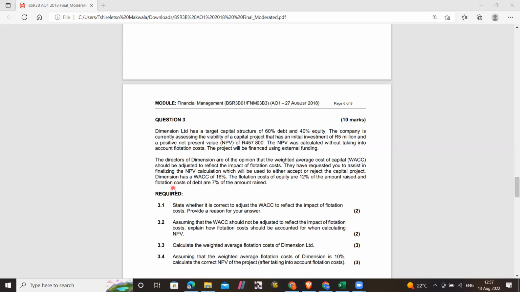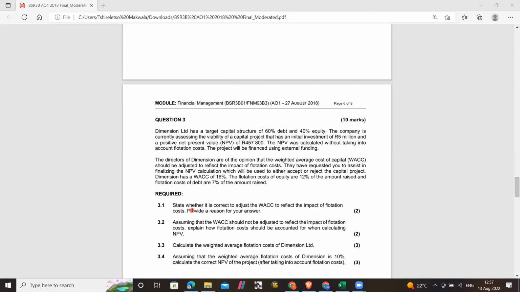And they say Dimension has a WACC of 16%, and that's before taking flotation costs into account. The flotation cost of equity is 12% of the amount raised, and the flotation cost of debt is 7% of the amount raised. Then 3.1 says state whether it's correct to adjust the WACC to reflect the impact of flotation costs.